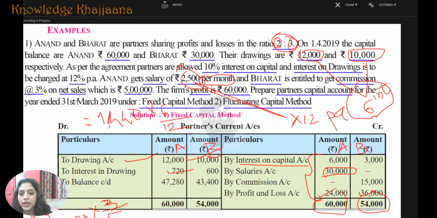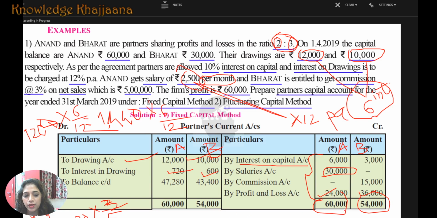Similarly, B has drawn rupees 10,000. Because the interest rate for drawings is 12%, 12% on 10,000 is 1,200, into 6 by 12, that becomes 600. So 600 is the interest on drawing.